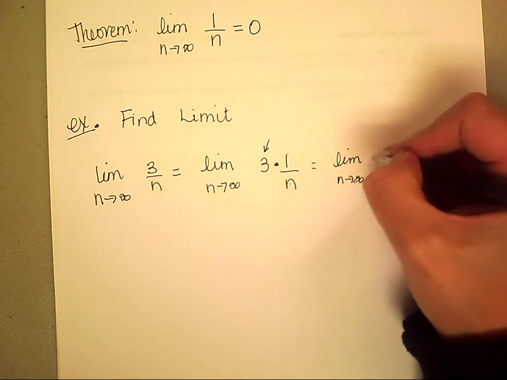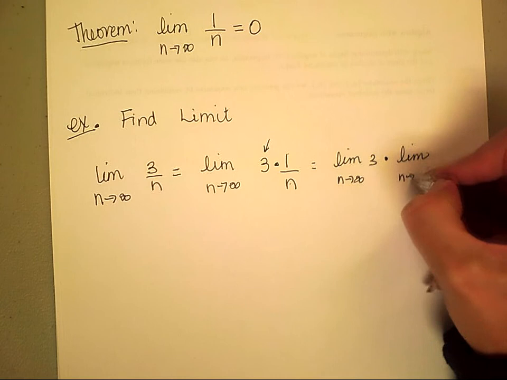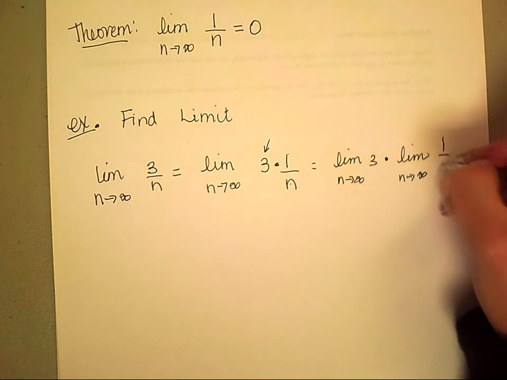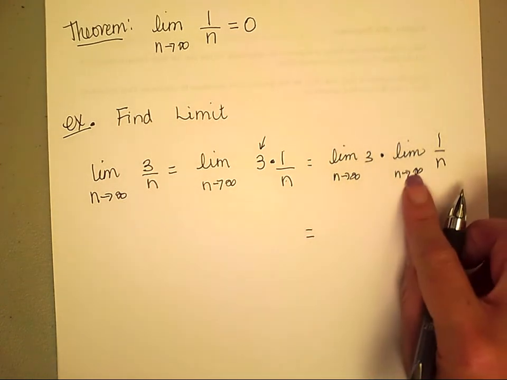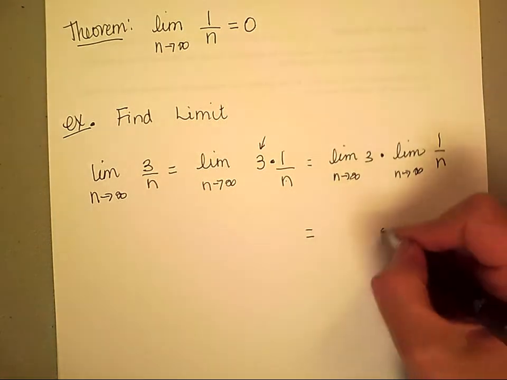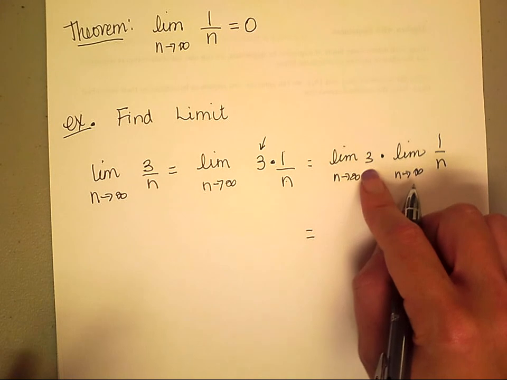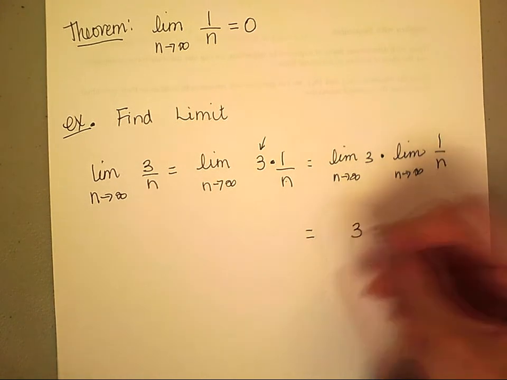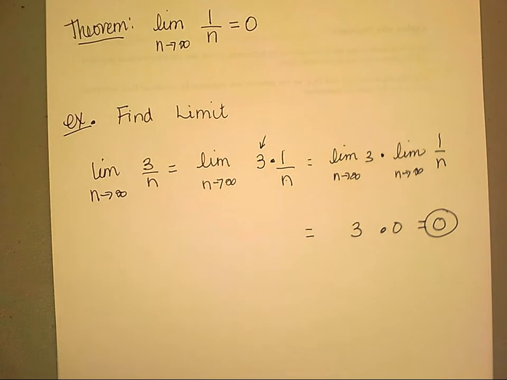That's just the limit as n goes to infinity of 3 times the limit as n goes to infinity of 1 over n. And now I know from the above example that this is 0, and the limit as n goes to infinity of 3 is just 3, because there is no n. It is constant. So in the end, this limit is still 0.